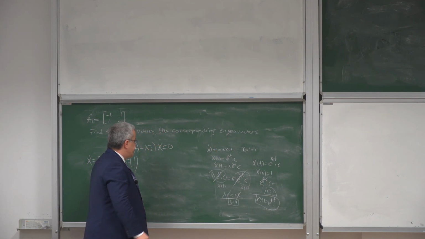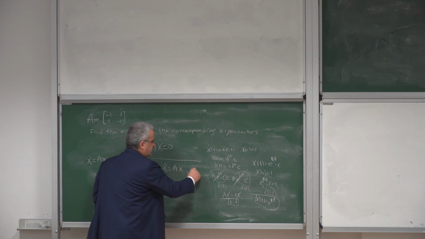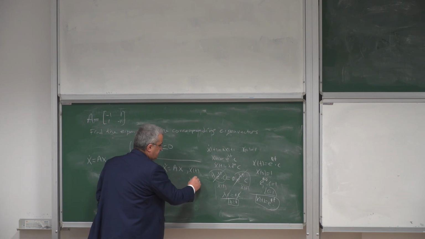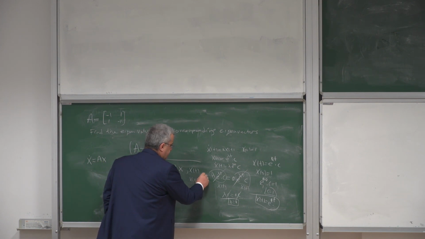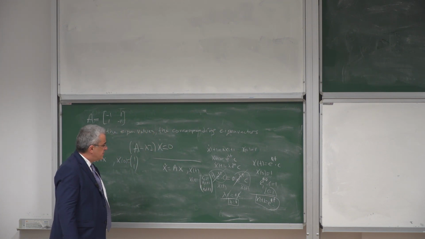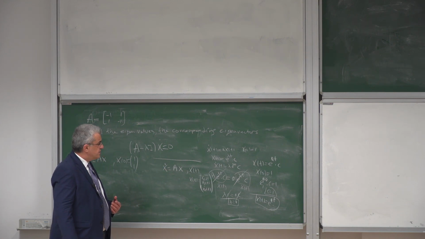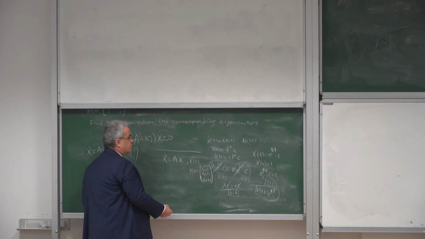Then we said, what if it is a matrix differential equation? Meaning x(t) in this case is several variables, x1(t), x2(t), up to xn(t). If it is like that, and A is an n by n matrix, how can we find the solution?